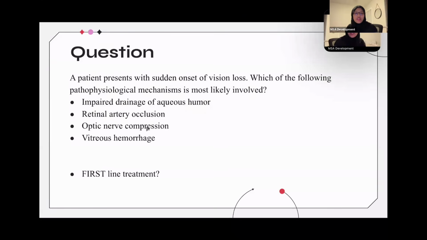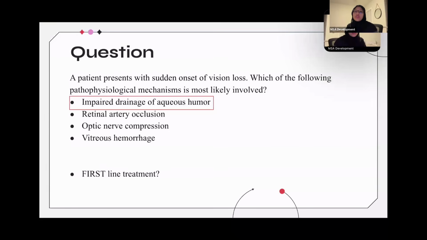Optic nerve compression, not really. Vitreous hemorrhage is also acute loss, but the second most common cause leading to blindness is glaucoma, so always go with that. So impaired drainage of aqueous humor can cause that. Someone coming out of a dark room, like a theater, with their eyes dilated, is at risk for this kind of condition. So be careful of glaucoma.